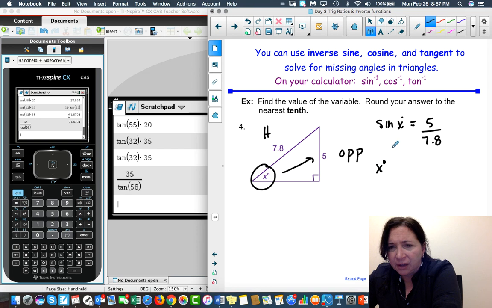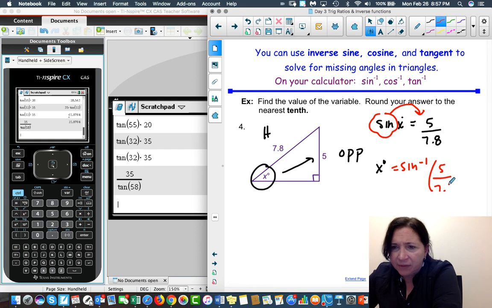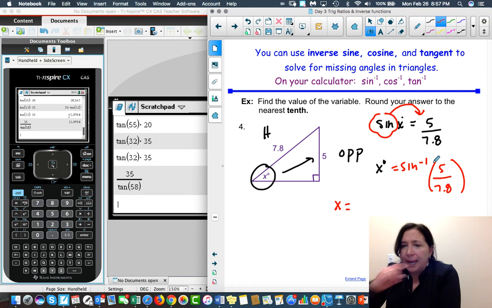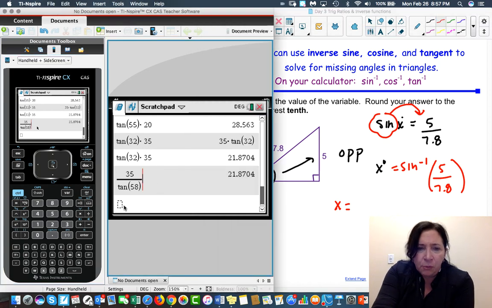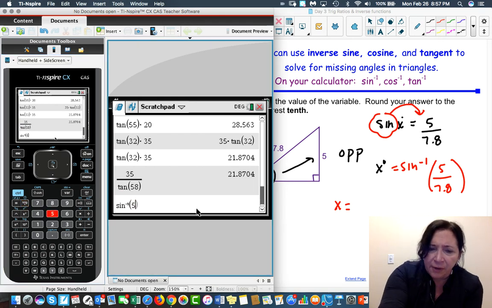We want to isolate the angle. So the act of moving sine over to the other side is what we call arc sine. Now we have 5 divided by 7.8, and x is equal to the angle that has a ratio of 5 over 7.8. We go back to our calculator and use arc sine of parenthesis 5 divided by 7.8.